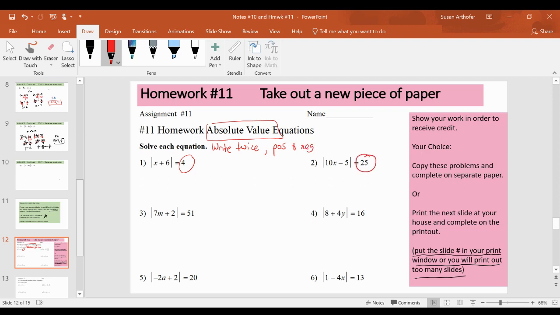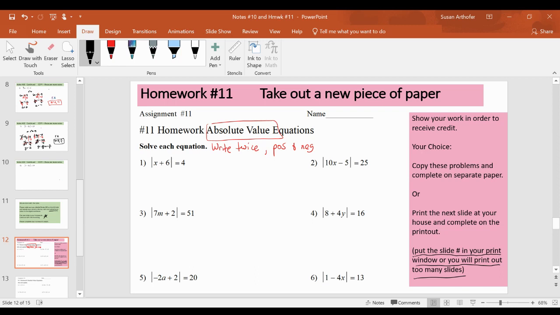So this one you would write positive 25 and negative 25. This one positive 16 and negative 16. Okay? And then there are a few of them that are fractional answers. One of the fractions you can't reduce and one you can reduce. So don't panic, you will get fraction answers.